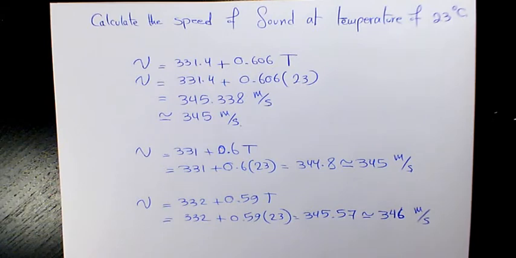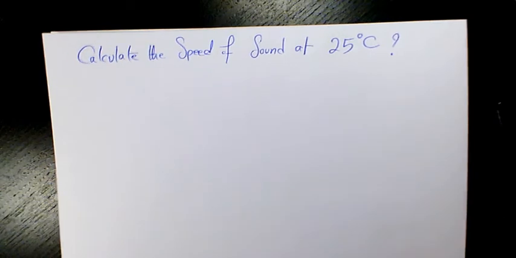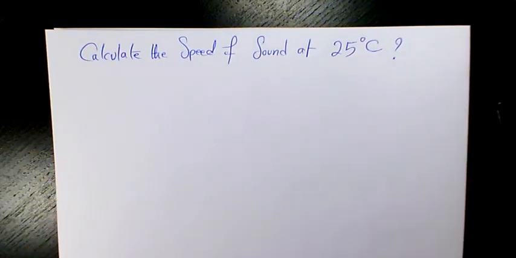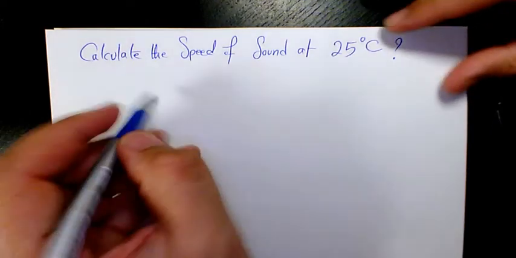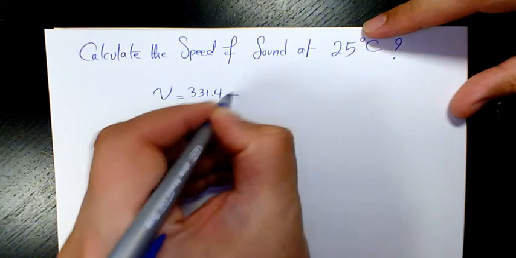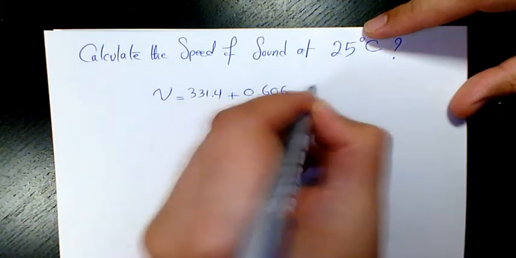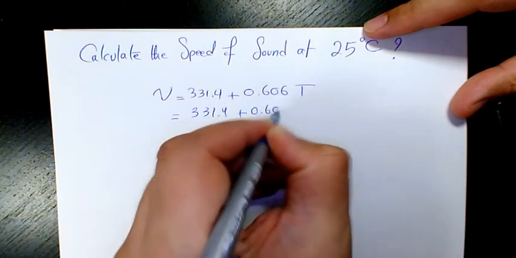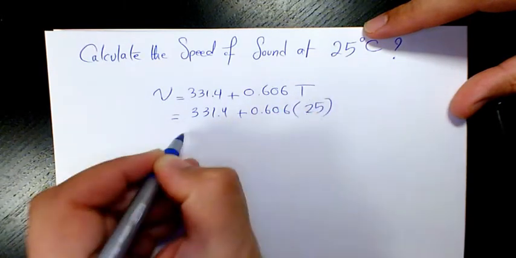Let's see another example. Now for the second example, calculate the speed of sound at 25 degrees, which is 2 degrees more than the previous example. So I'm going to use the three equations again. The first one was like that. We just need to substitute the temperature there, which is 25.